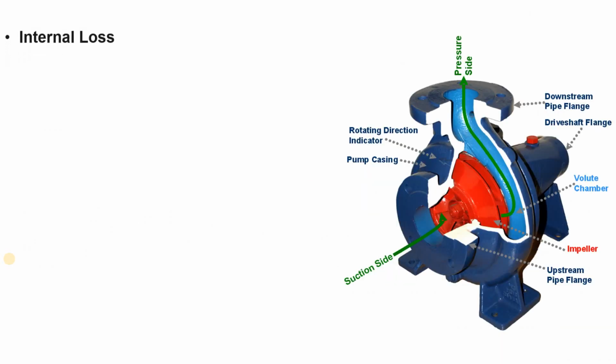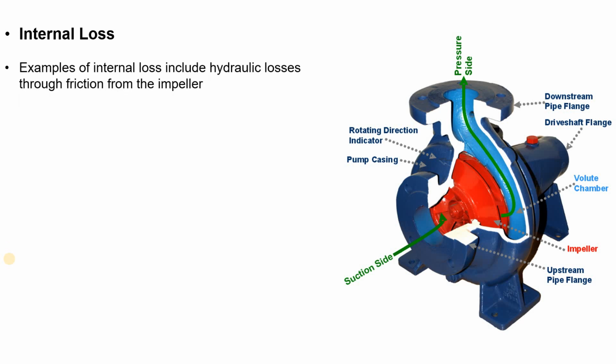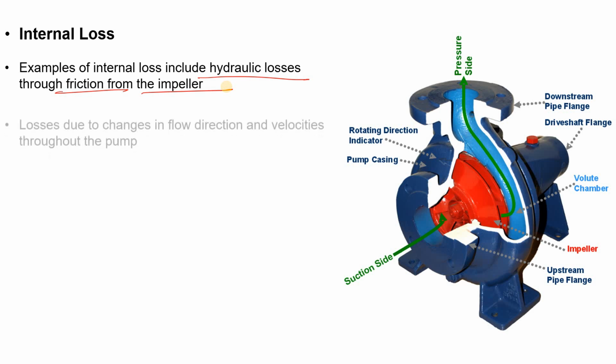First of all, the first loss is internal loss. What is an example of internal loss? When we say internal loss, it is related to the internals of the centrifugal pump, like your impeller, casing and all that. The first example of internal loss is hydraulic loss, which comes through friction from the impeller, because the impeller is a rotating part, right?